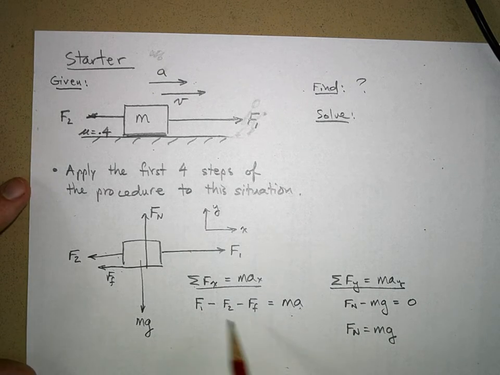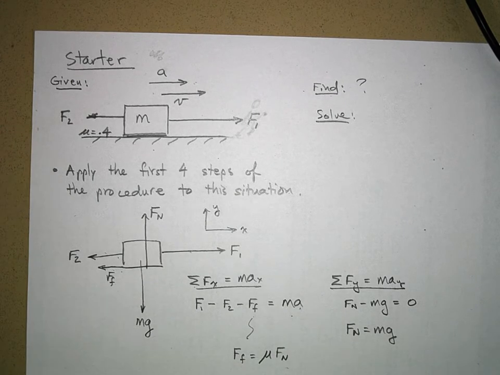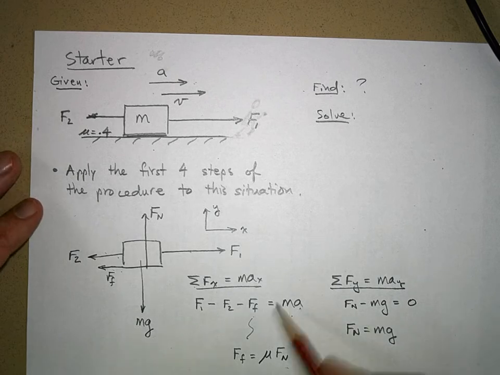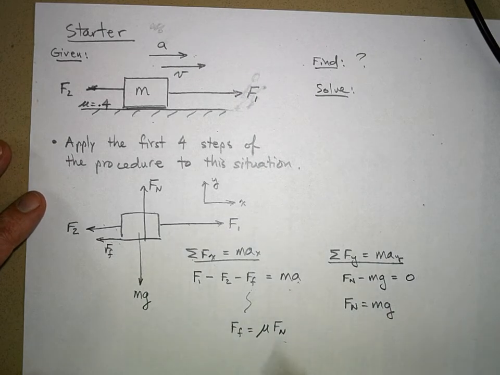What else do we need to know? Usually to solve a problem, this force of friction is equal to mu times the normal force. So if I wanted, I could make this a little bit more specific.